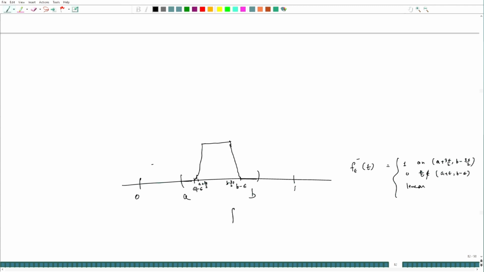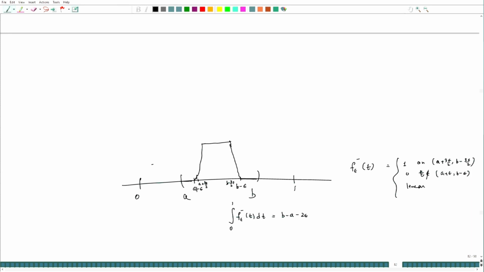Then clearly the integral from 0 to 1 of f epsilon minus of t dt is equal to b minus a minus 2 epsilon.